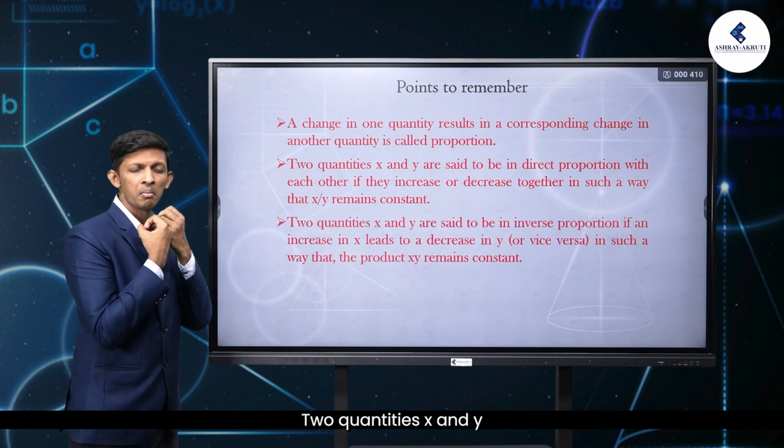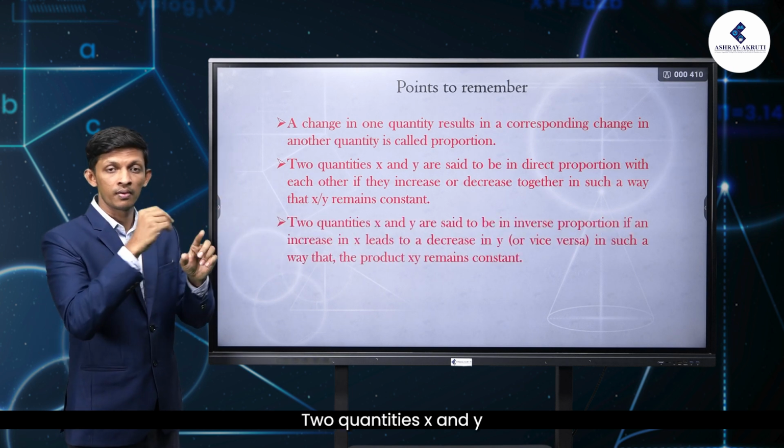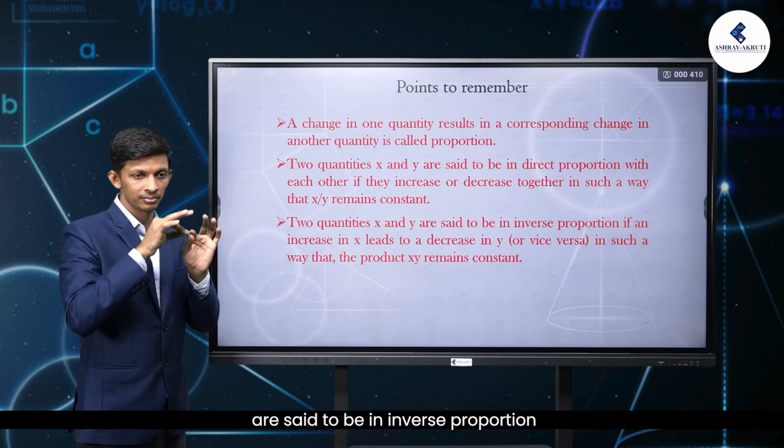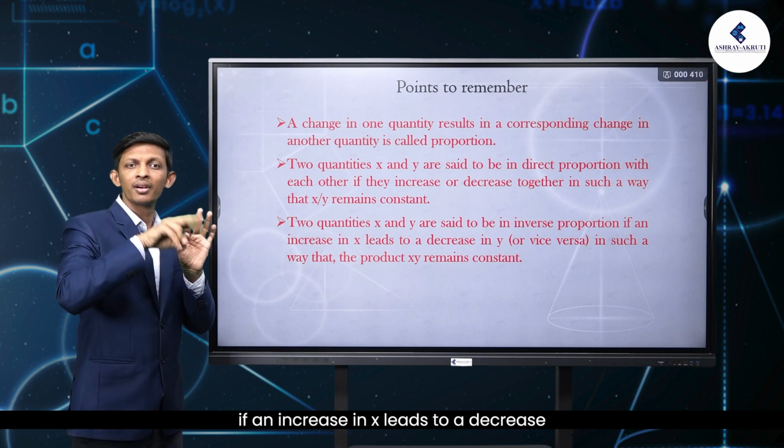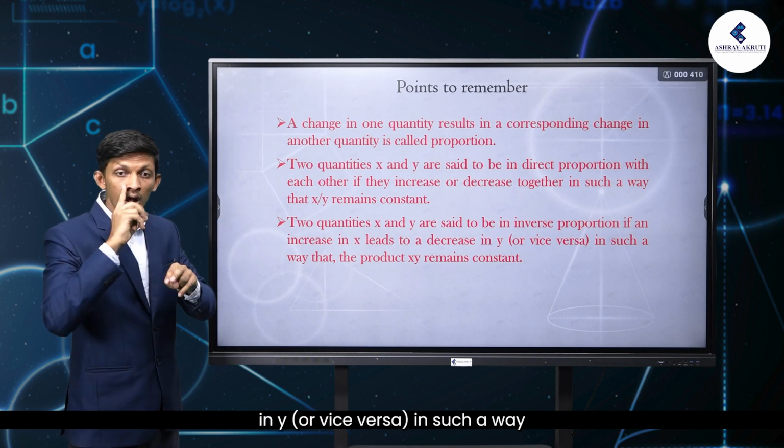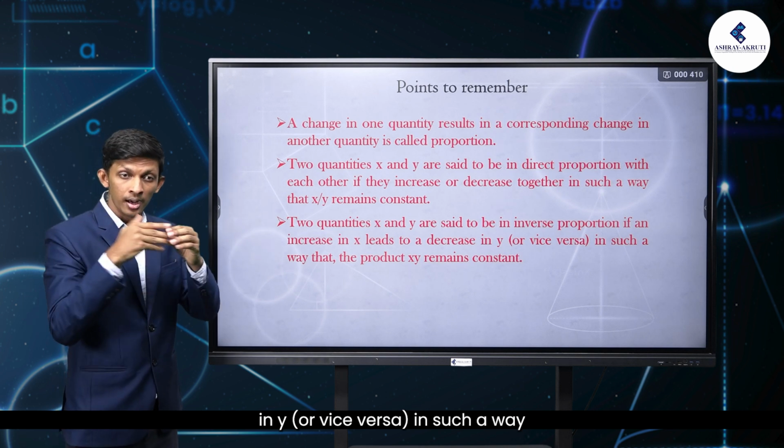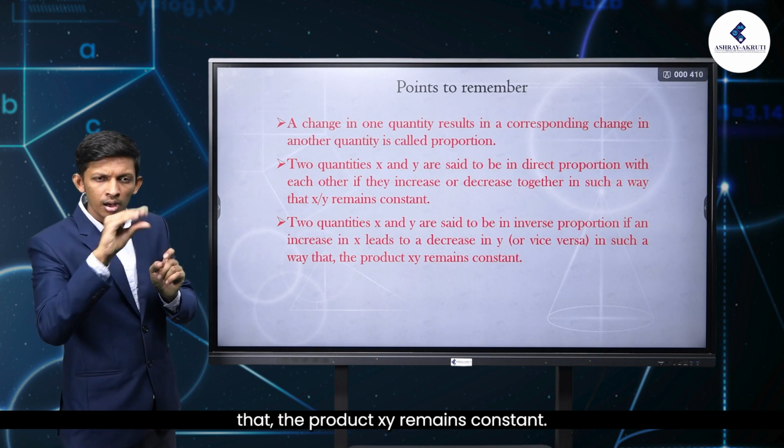Two quantities x and y are said to be in inverse proportion if an increase in x leads to a decrease in y or vice versa in such a way that the product xy remains constant.